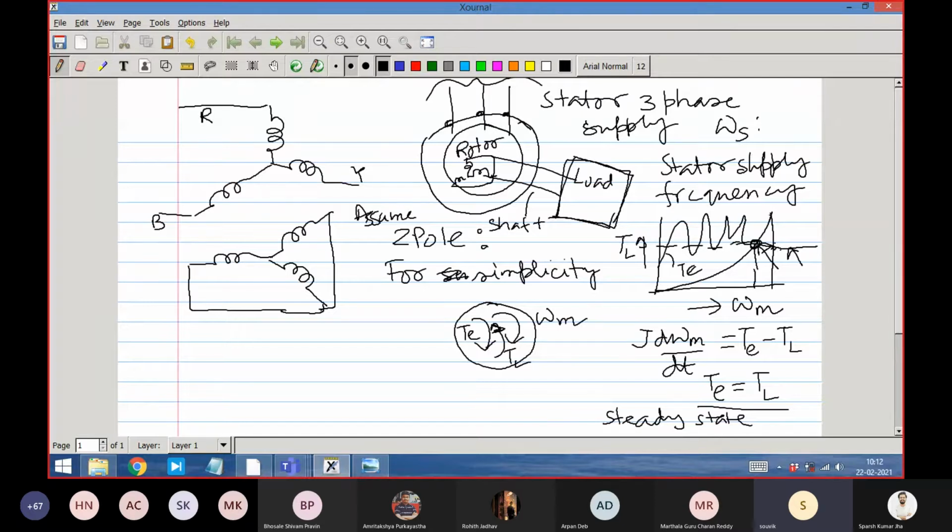So the speed will reduce and come back to the same point where T_E is equal to T_L. And if it moves to the left hand side slightly, you see the electromagnetic torque is more than the mechanical torque. So it will accelerate. So for any speed other than the steady state speed, it will again come back to the steady state speed.